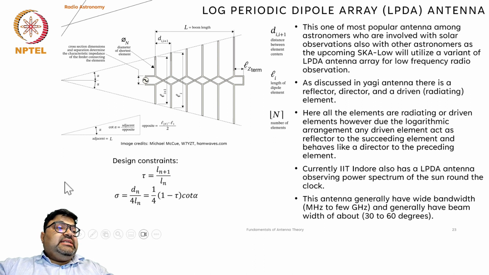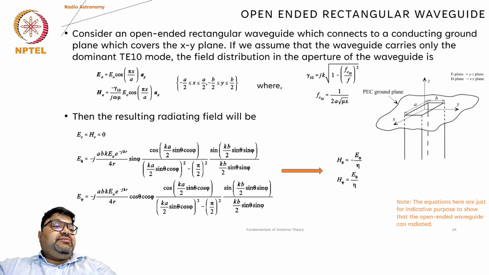It is a design where the length of each element defines its resonant frequency, and the assembly of multiple of them defines the bandwidth of operation of a log periodic dipole antenna. There are some design constants, but majorly these are used to extend the bandwidth of operation of that particular antenna.